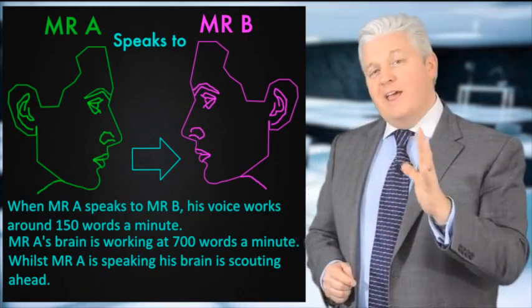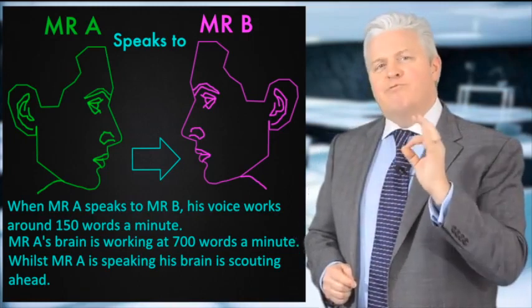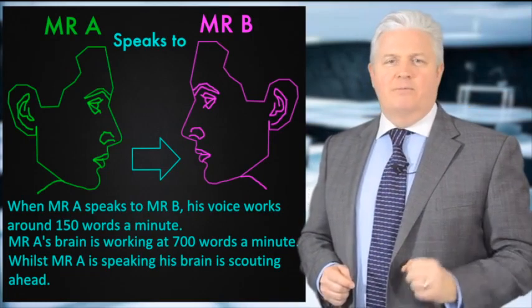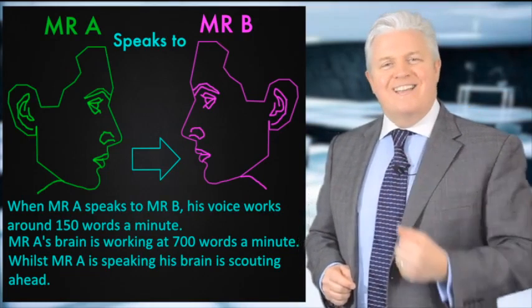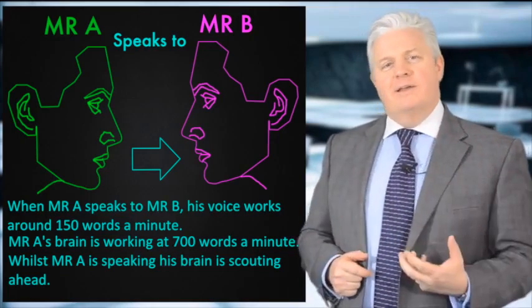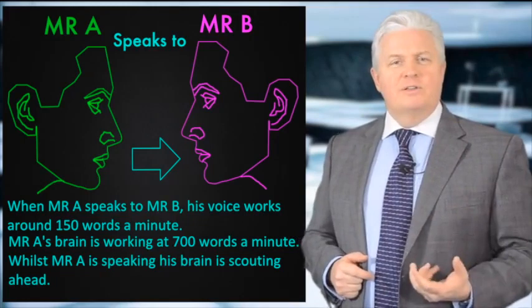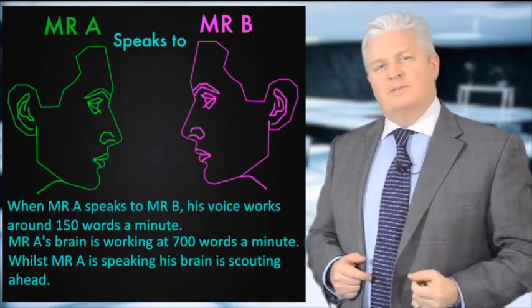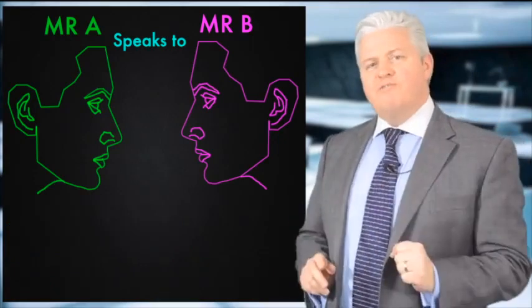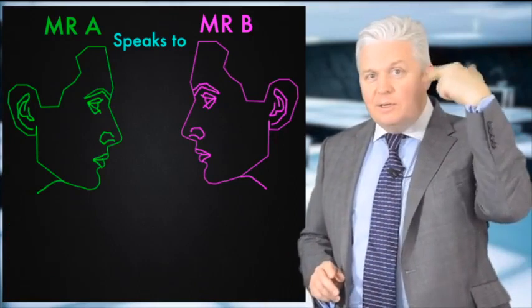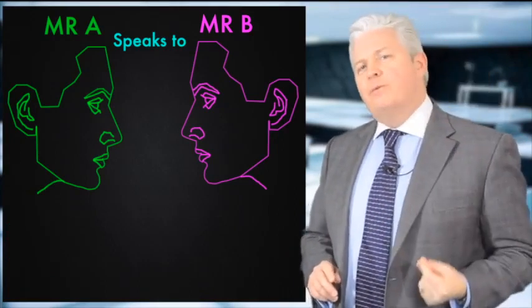So whilst Mr. A is speaking, his brain is scooting ahead, scouting for problems in the future of what he's saying. This is why perhaps when presenters are giving long diatribes, they've got the autocue so their brain can keep them in place. Now, the fact that Mr. A is working at 700 words a minute isn't the main problem.